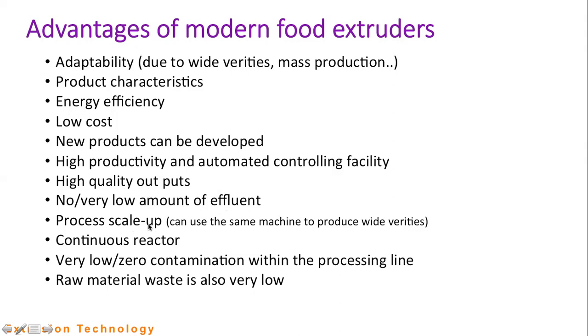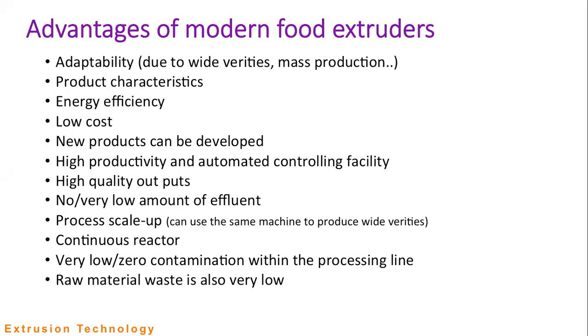And processing scale up, it means we can use the same machine to produce wide varieties. Continuous reactor means we can feed it continuously, then get the outputs continuously. Some batch type extruders, we can use as a batch type, but also we can use the same particular extruder as the continuous reactor. And contamination is very low again, but you can see some other machines used in food industry.